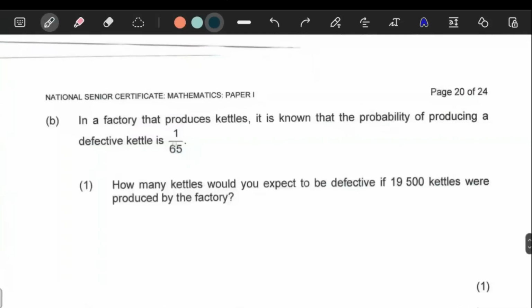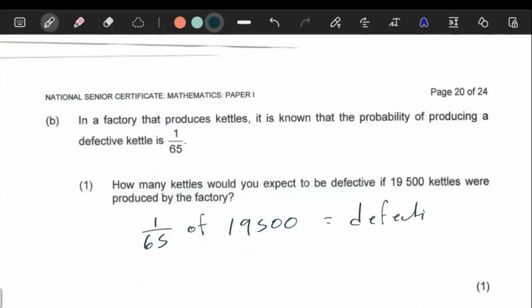So remember, 1 out of 65 is defective. So the number of kettles that are going to be defective is 1 over 65 times 19,500. The reason why you say 1 over 65 times 19,500 is because 1 out of 65 of 19,500 is defective.